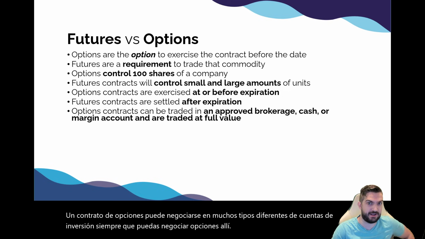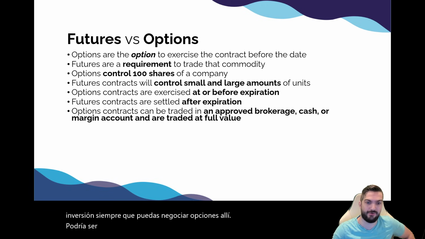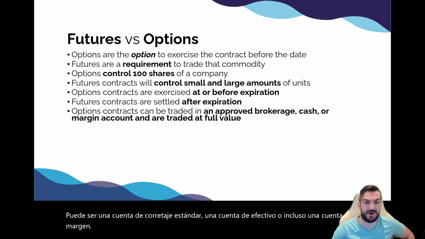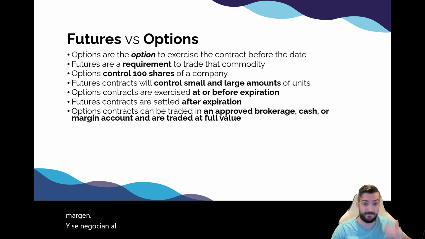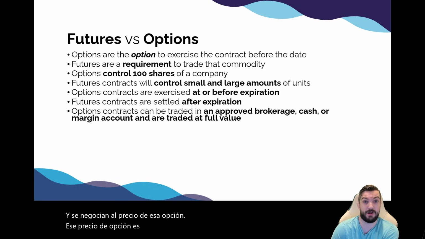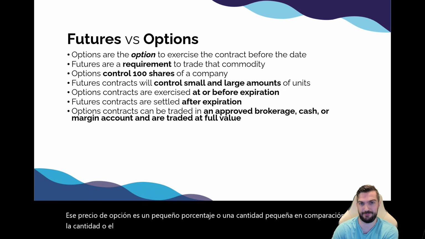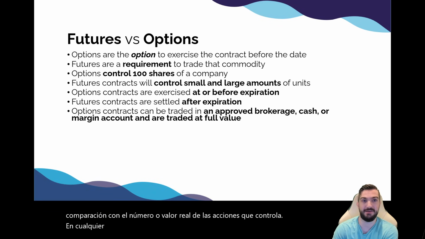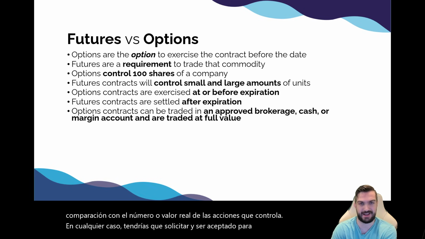It could be a standard brokerage account, a cash account, or even a margin account, and they are traded at the price of that option. That option price is some small percent or some small amount compared to the value of the shares that it controls. In either case, though, you would need to apply and be accepted to have permission to trade options in that account.